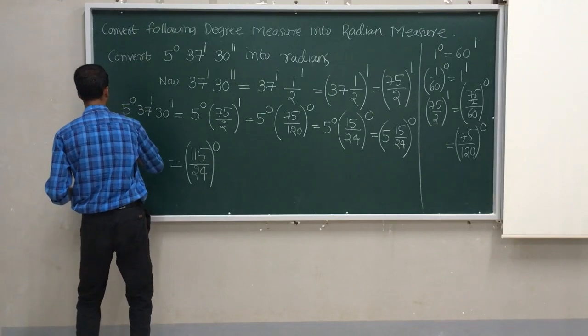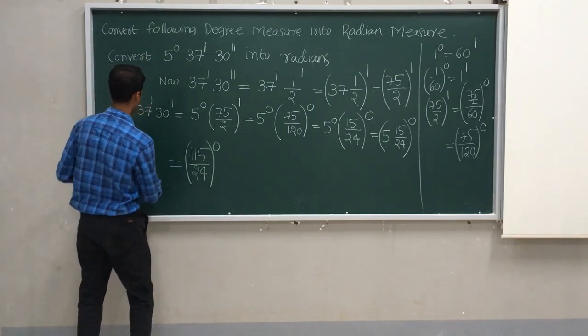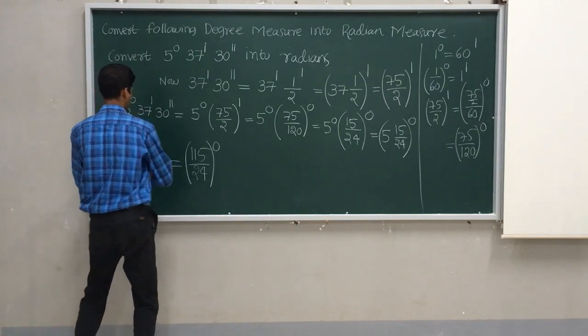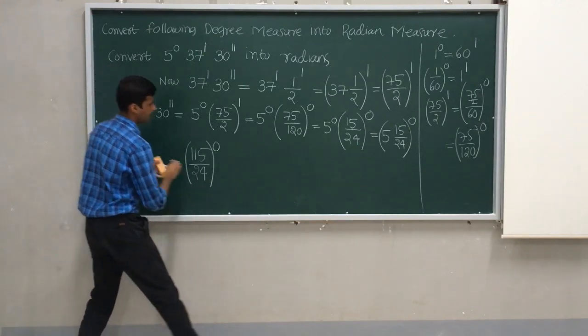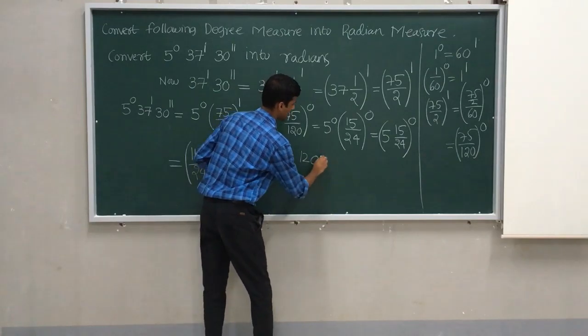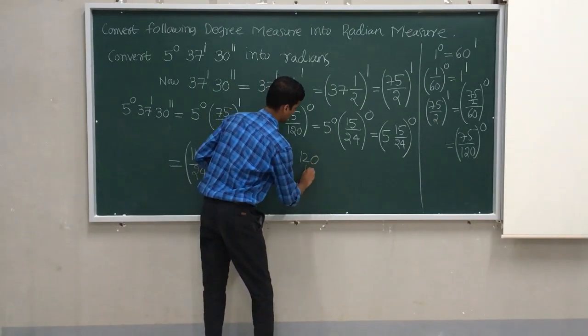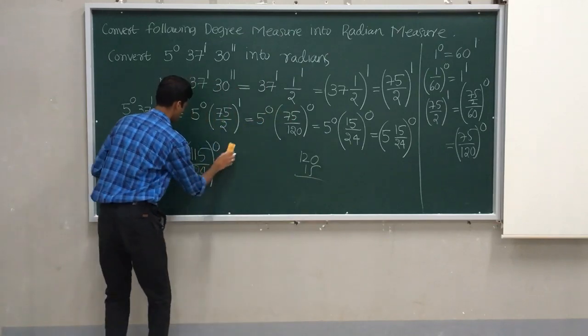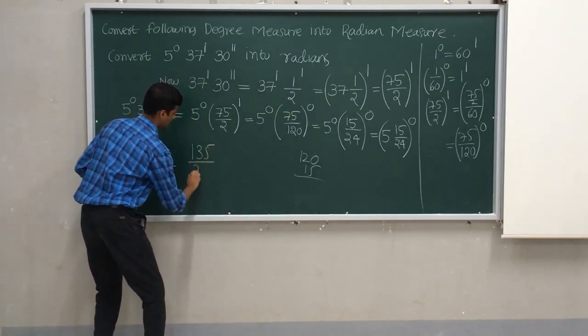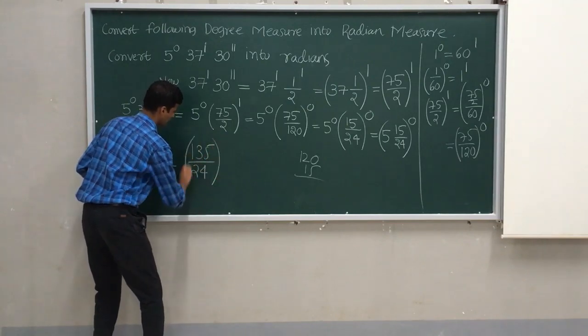Okay, this is 24 5s now, 120. Sorry, this is 120. 120 plus 15 is 135. Sorry, calculation. It's 135 upon 24 degrees, right?